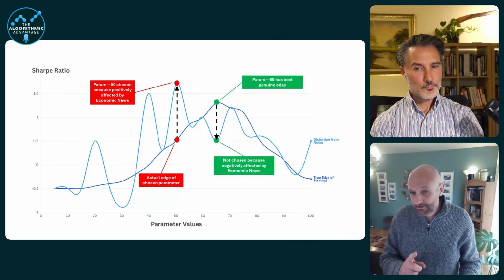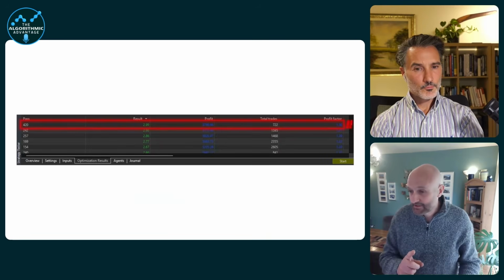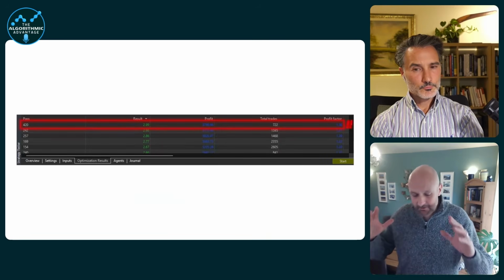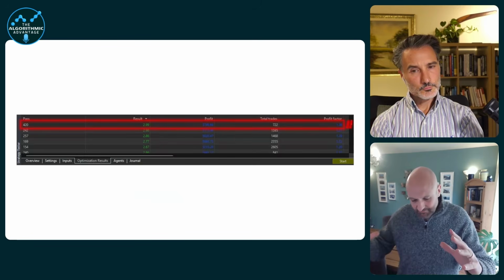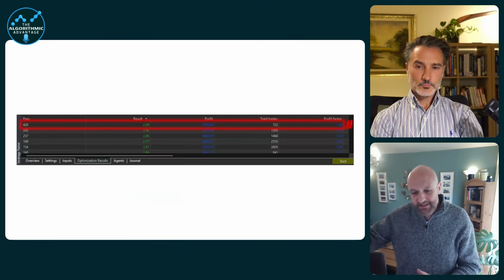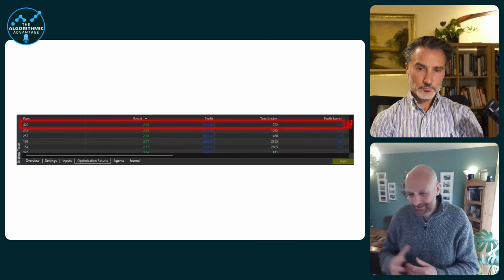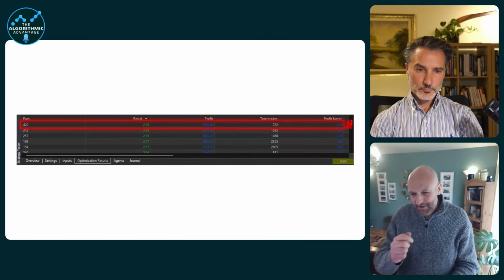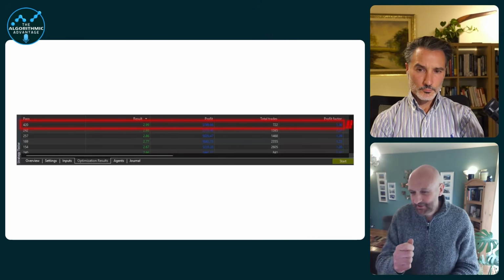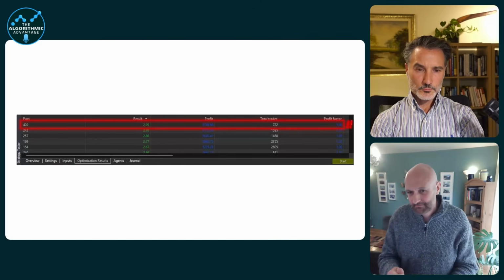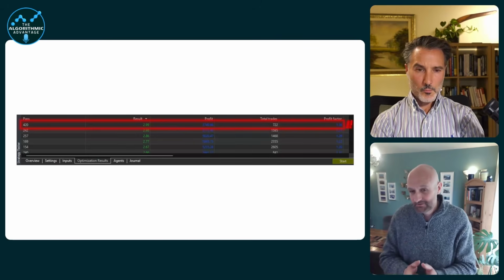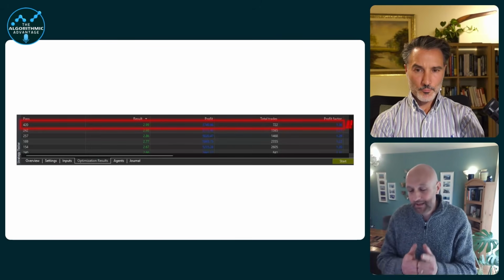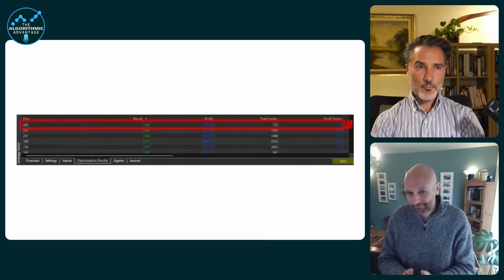And so the challenge for algo traders, I should just say here, is that if you've got a list of optimization results, like the one here, the parameters that appear at the top of that list are probably at the top because they've been favorably impacted by economic news.